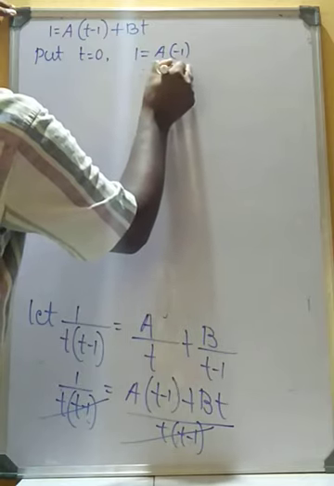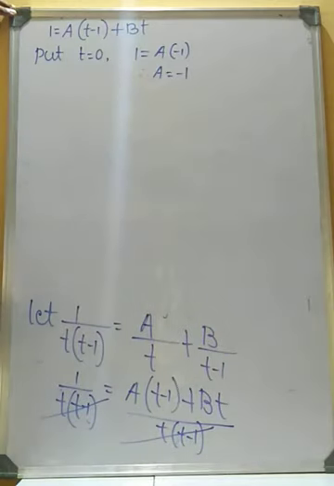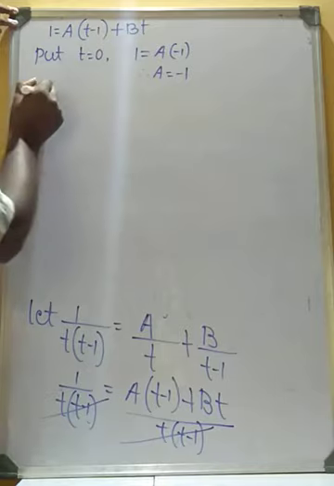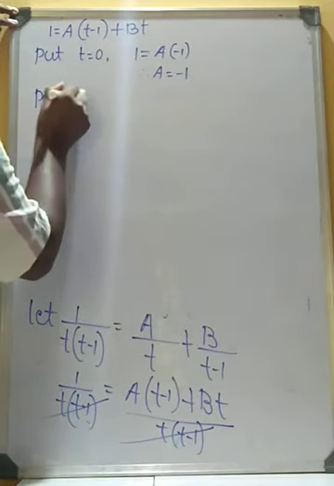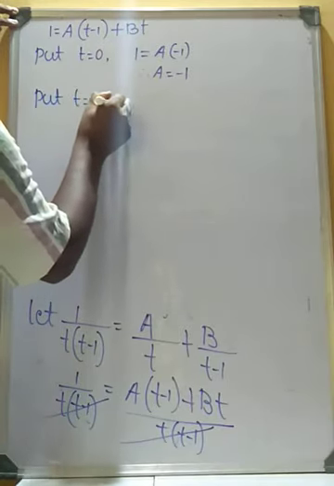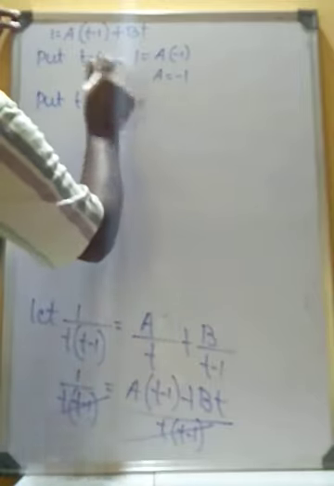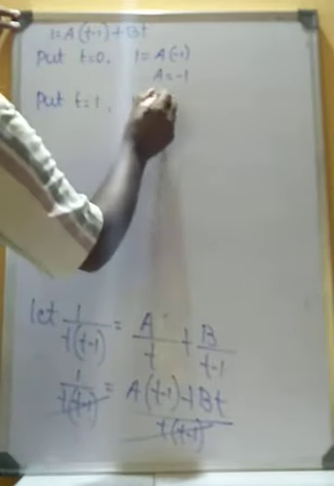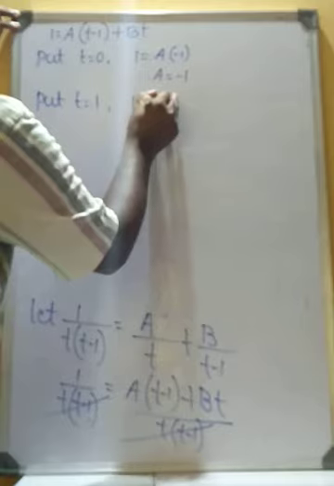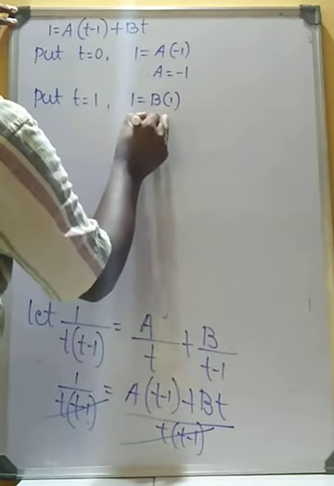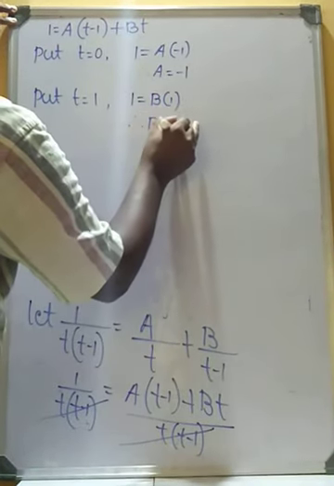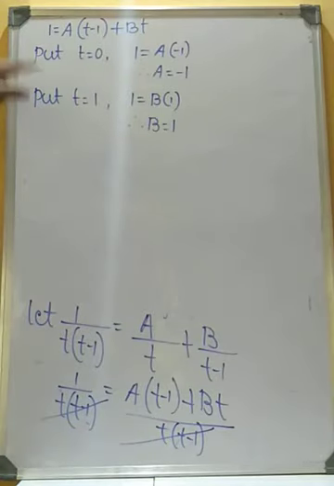Therefore A equals minus 1. Again put t equals 1: 1 is equal to 1 minus 1, 0, plus B into 1, therefore B equals 1.